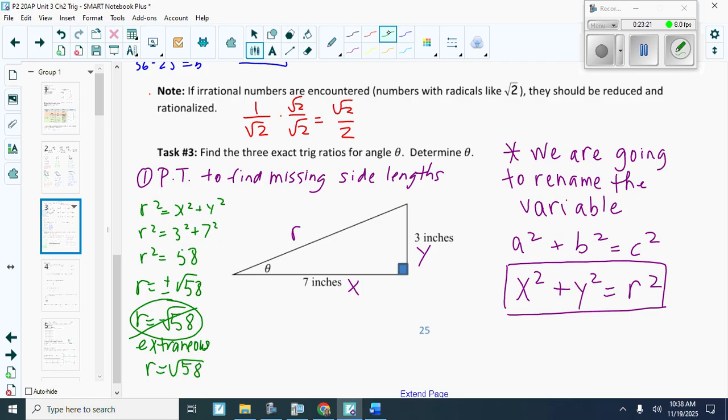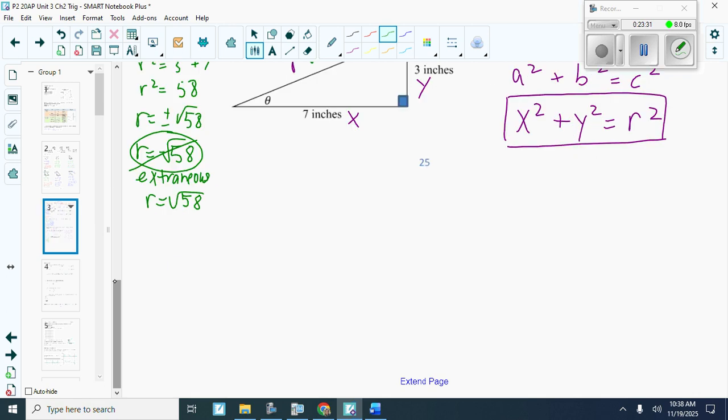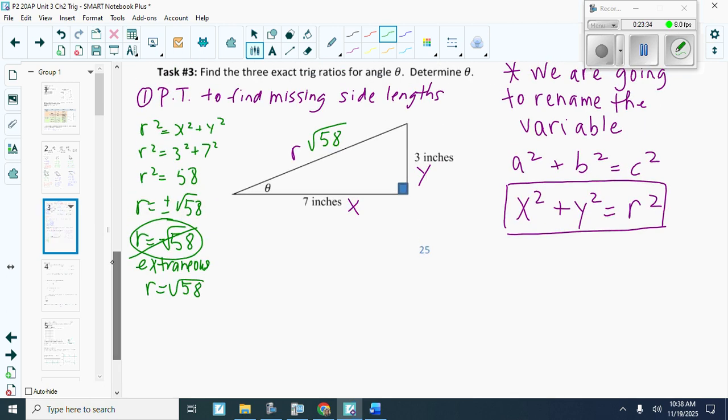So hopefully you got square root of 58. So then, I'm just going to lift this up a little bit. And it doesn't matter the order. You can do it sine, cosine, kind of like SOHCAHTOA. That part's fine.